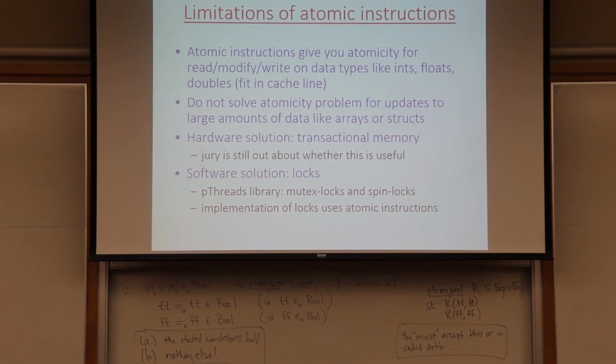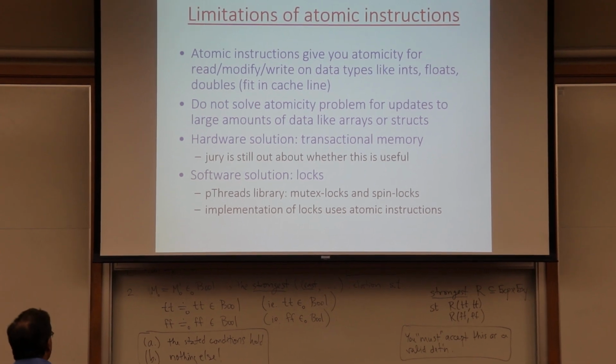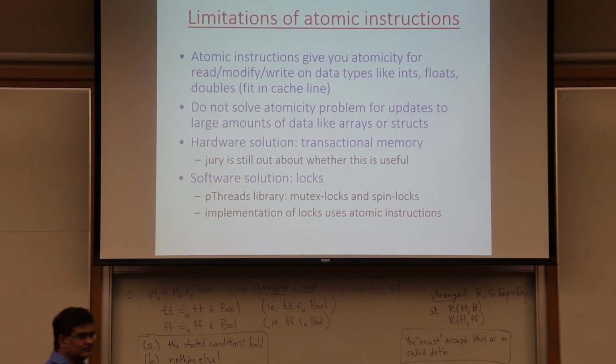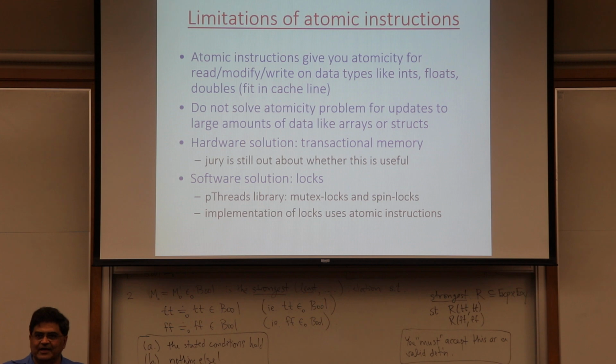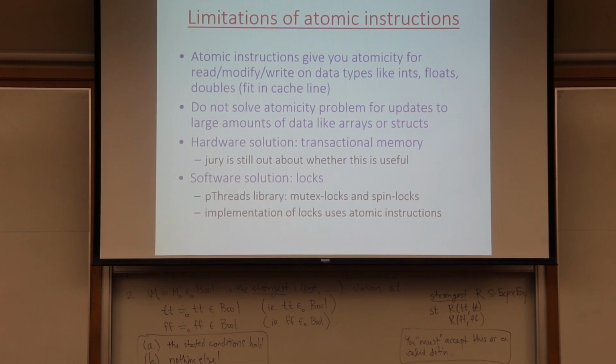So these atomic instructions don't solve the atomicity problem for updates to large amounts of data. That has to be handled at the software level, at the pthreads level, using locks or some other operation. Okay? So these atomic instructions just let you atomically do read-modify-writes to ints and floats and doubles and things like that. That's the way to think about them. And you can do a lot with that.